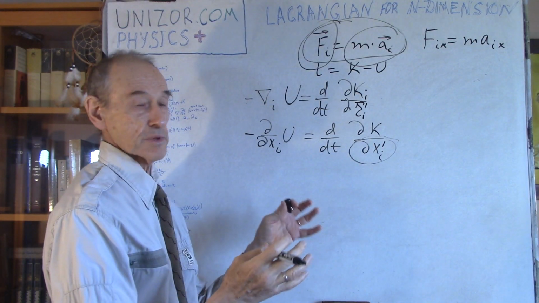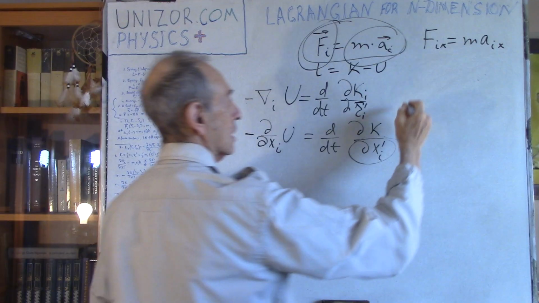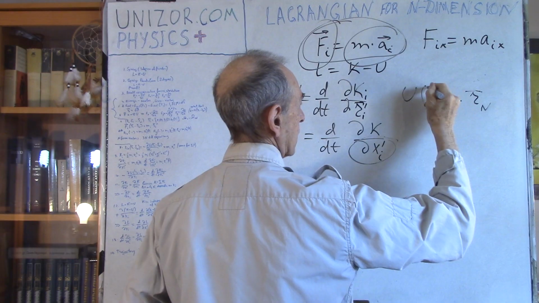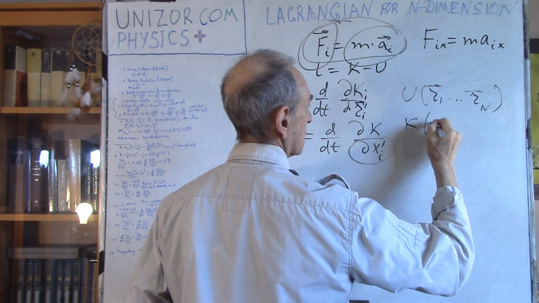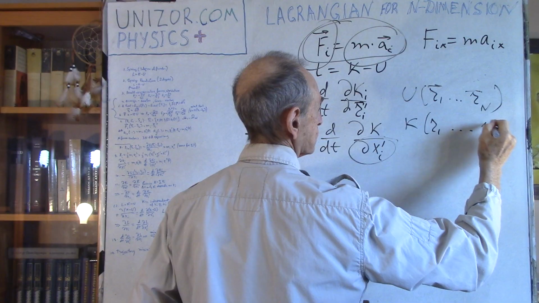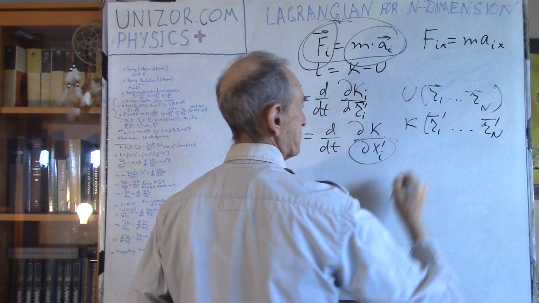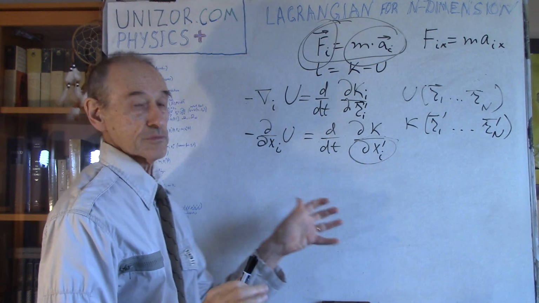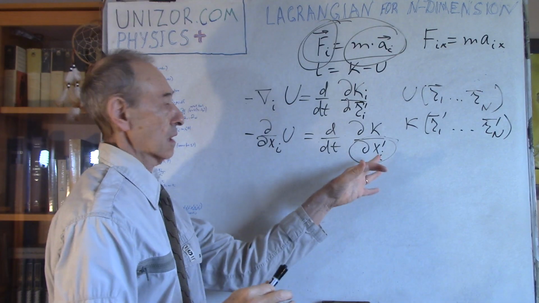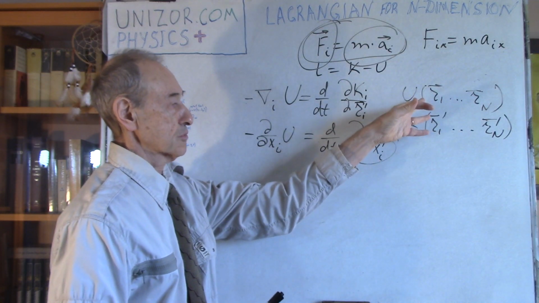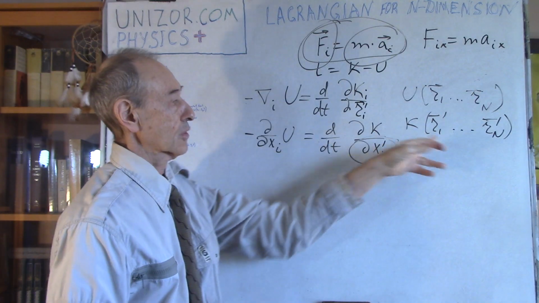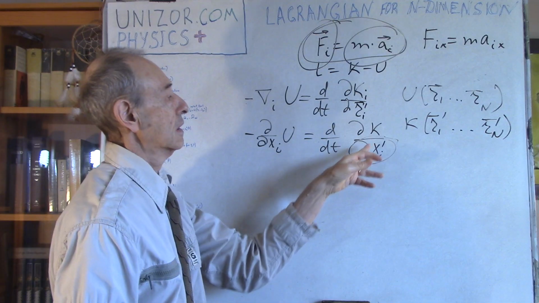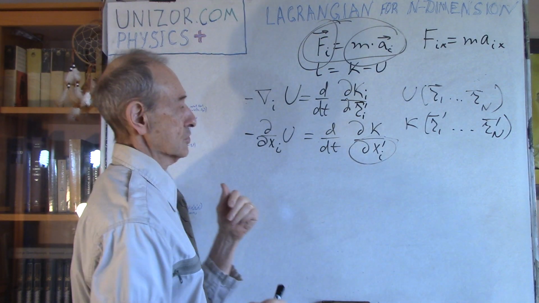Because as soon as you change the position, U and K both are functions of all position vectors, and K depends on the speeds of every object. So as soon as I make some change, both things are changing. Because I'm changing position, U is changing. Because I'm changing speeds, or velocities rather, my kinetic energy is changing.